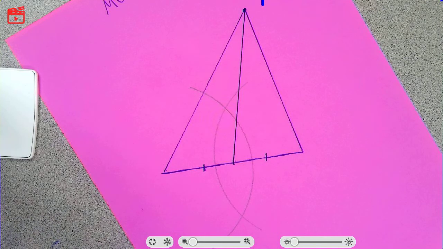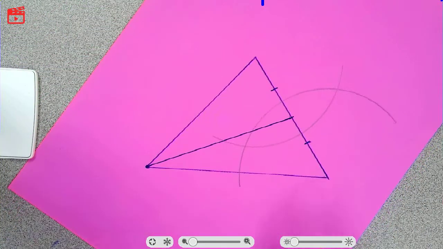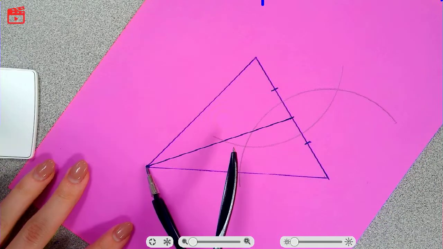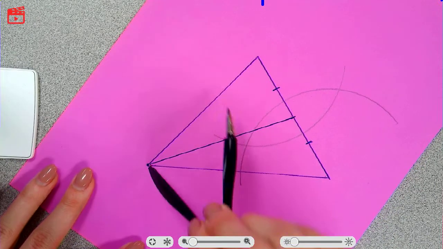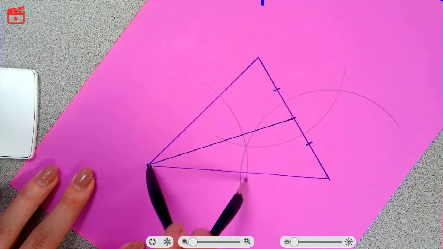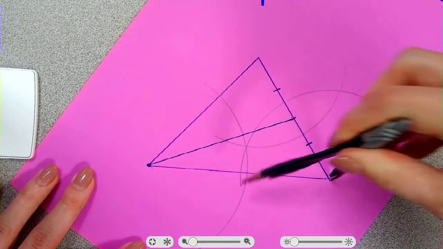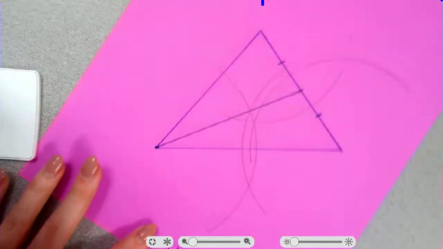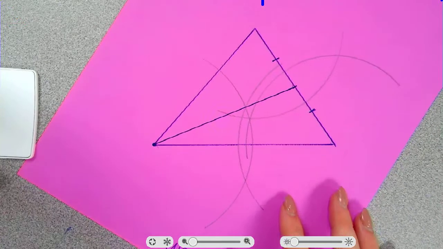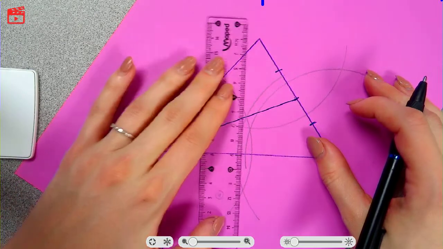Do one more. So I'm going to do this big one right here. I'm going to do a curve here. And I'm going to do a curve here. They do intersect. Oops. I'm going to take my ruler and put it next to where they intersect.